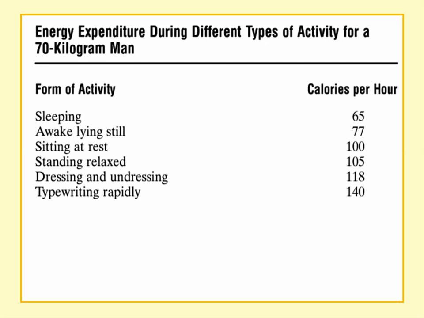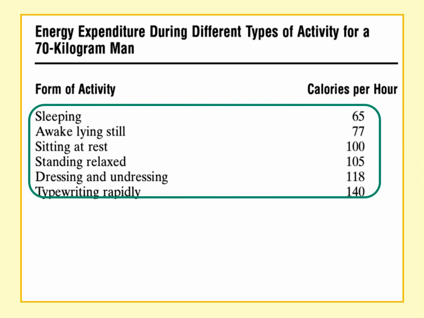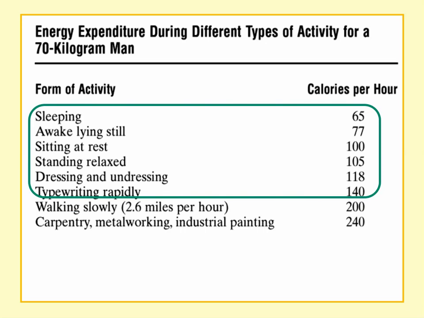You see, low level of activity includes all listed so far: sleeping, lying still in the awakened state, sitting at rest, standing. Even standing or sitting increases our energy requirement because it's necessary to maintain the contracted state of certain muscles that are necessary for posture. But then walking slowly increases our energy expenditure approximately twice, and some higher levels of physical activity increase it a little bit more.